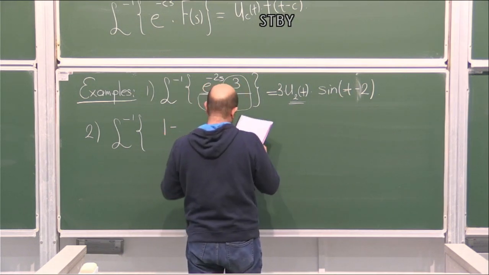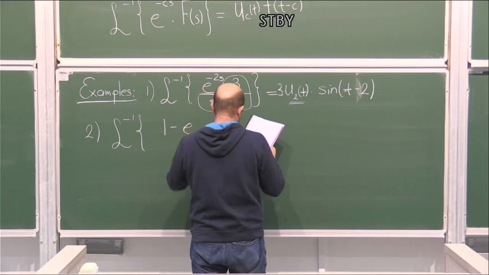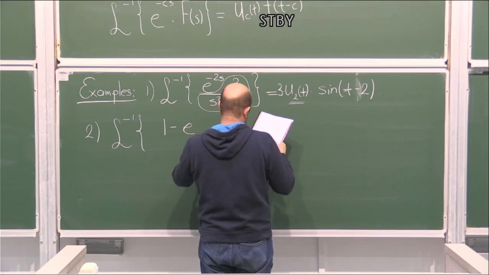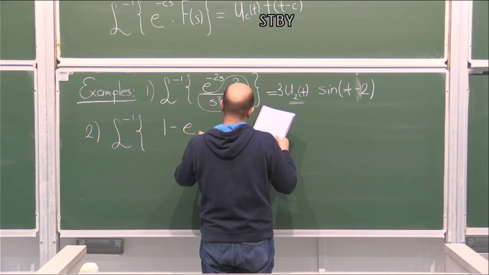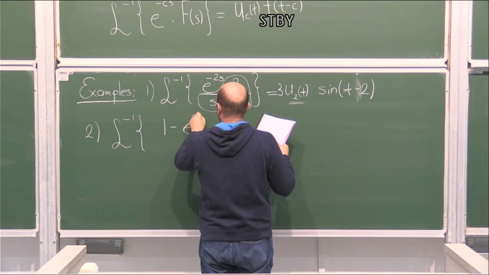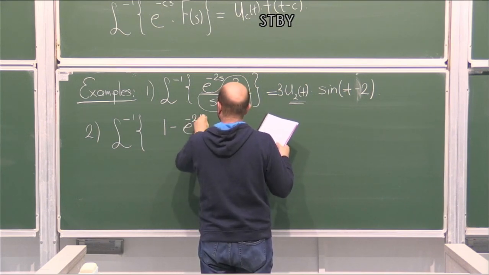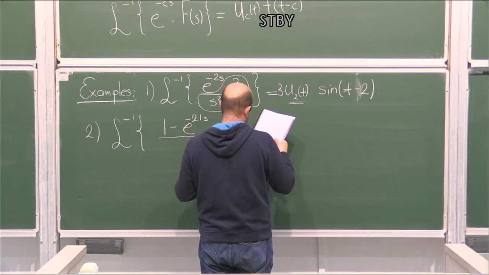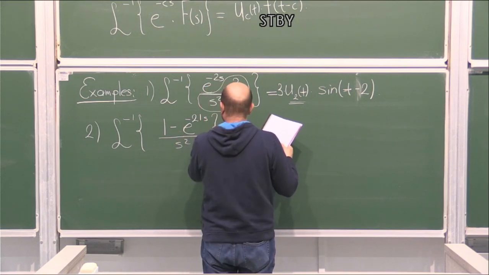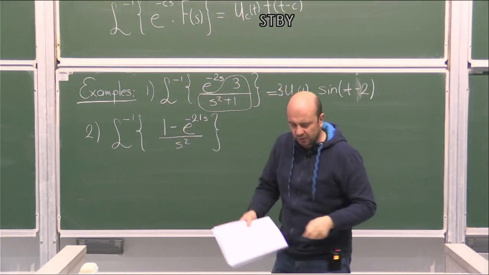One minus e to the minus 21s over s squared. Again, this is something similar to the previous one.